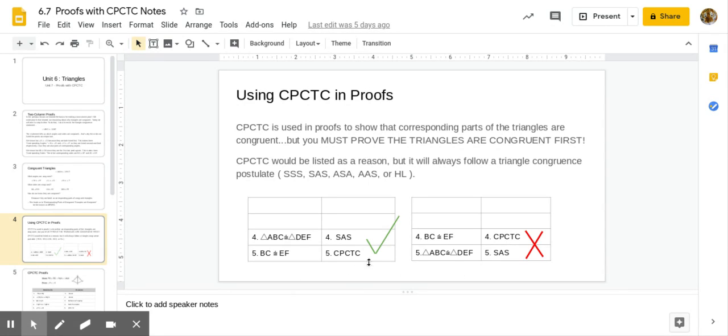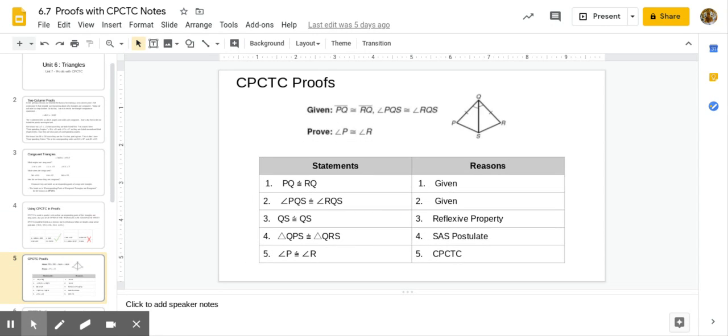So I didn't give background or questions to these, but here's what it should look like. You should have a triangle congruence with its postulate, then some piece by CPCTC. You would never list the piece and CPCTC first and then a triangle congruence. It has to be triangle congruence first and then CPCTC. Every time it has to be in that order.